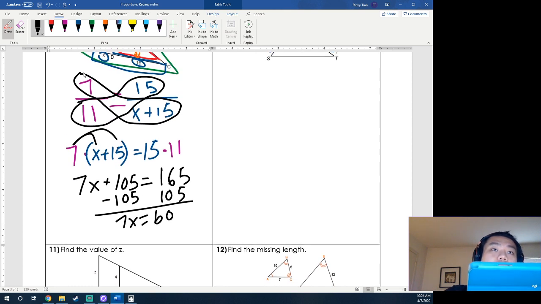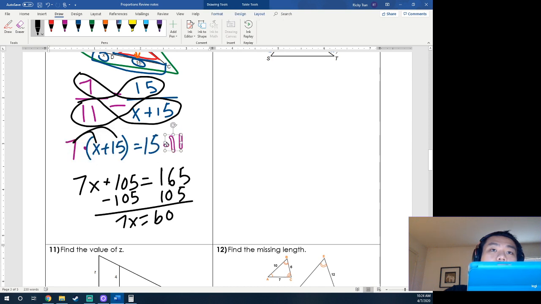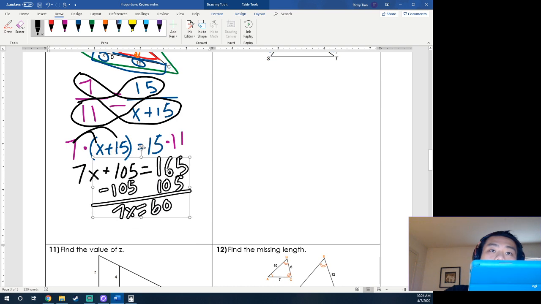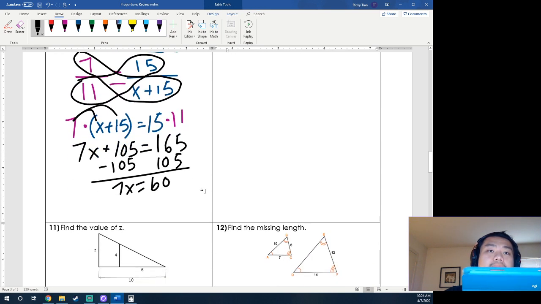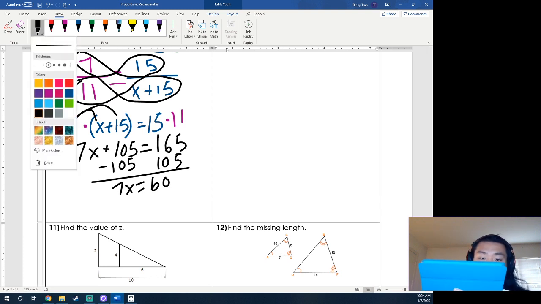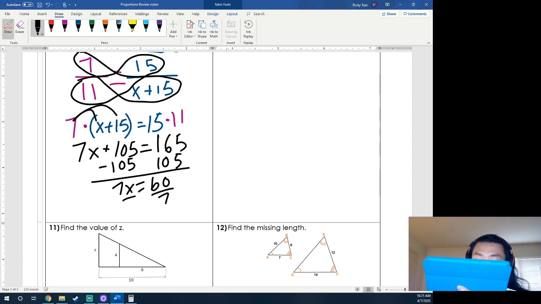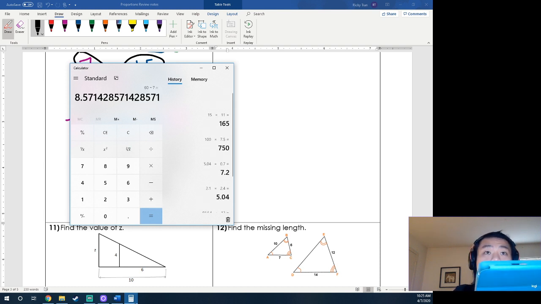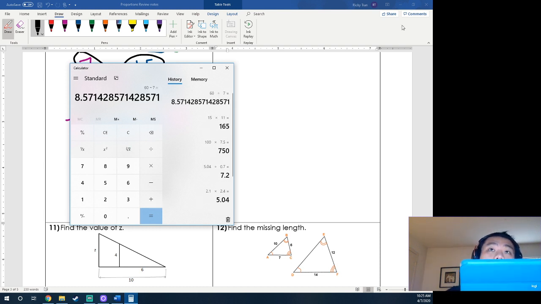Geez, I'm writing too big. Try this again. All right, so we divide by 7, divide by 7. We have 60 divided by 7, or 8.5, and so on.